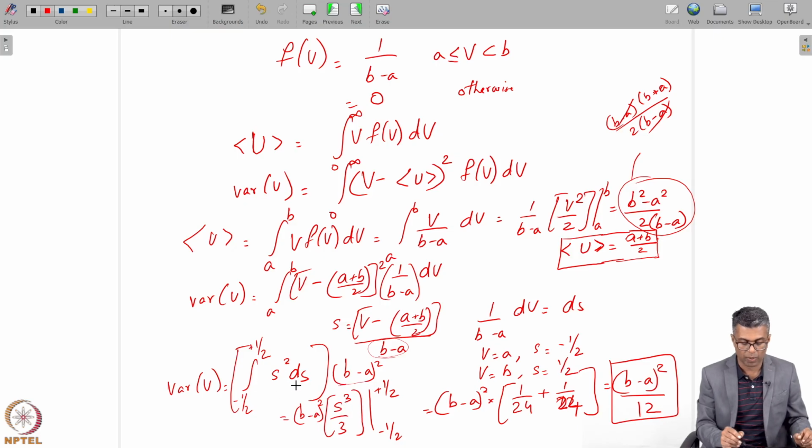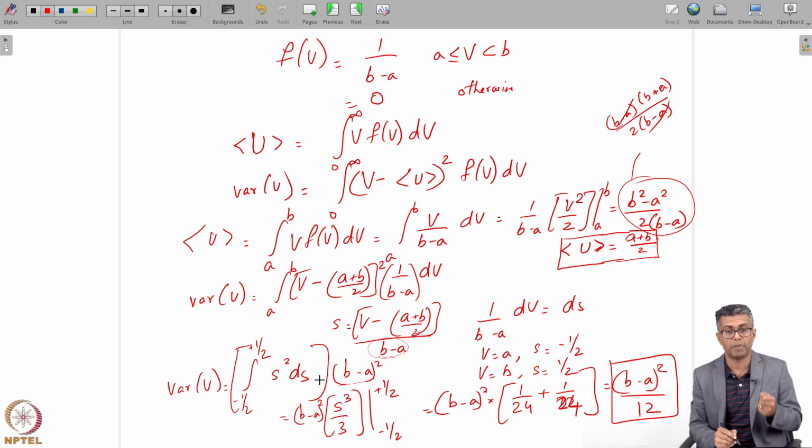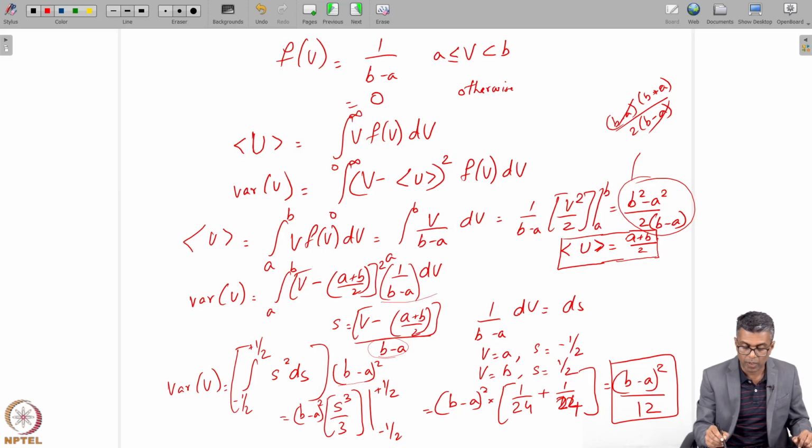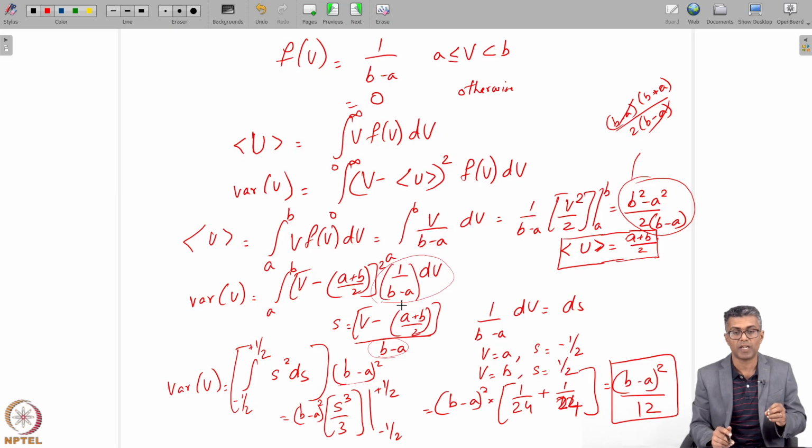Now this 1/(b − a) times dv basically gets lumped into this ds, isn't it? 1/(b − a) times dv becomes ds.